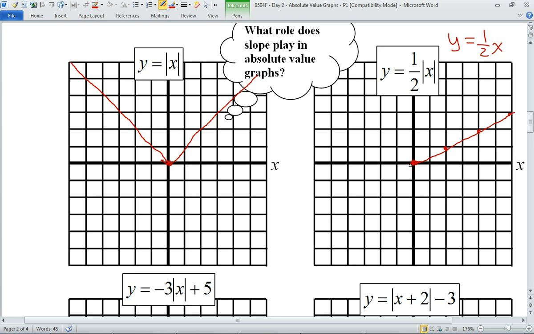How will I get the other branch? Up 1 left. Yeah, just do the mirror image, correct? If I went up 1, right 2, the left-hand branch better be up 1, left 2. So I can just do that. So the right-hand branch works like normal, but the left-hand branch is the mirror image of it. And that's basically how you graph an absolute value function.